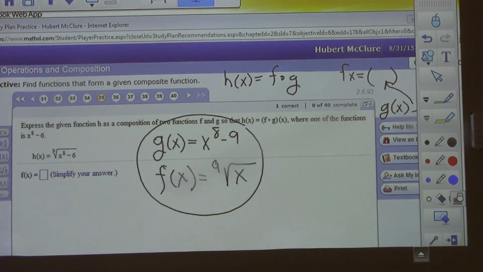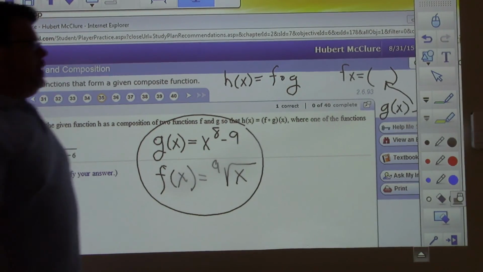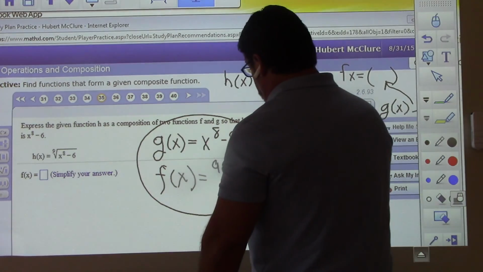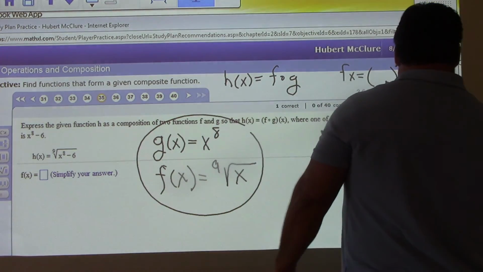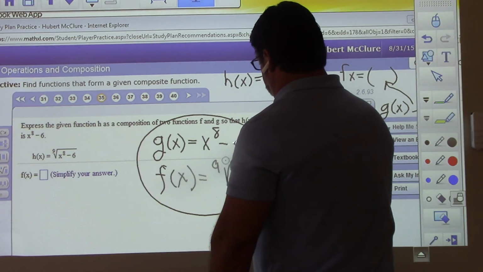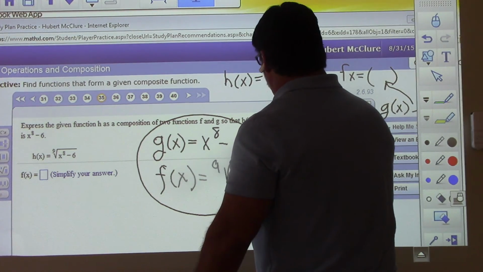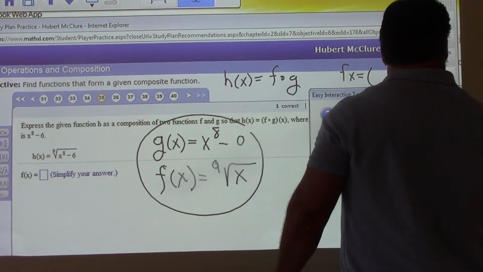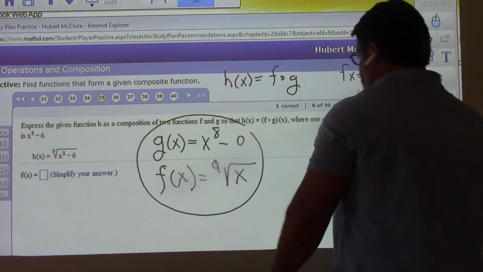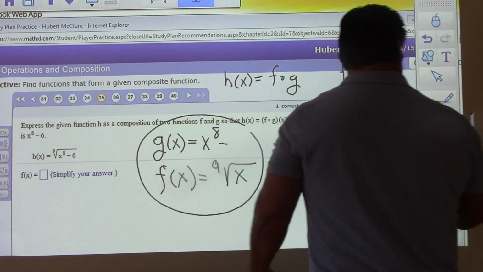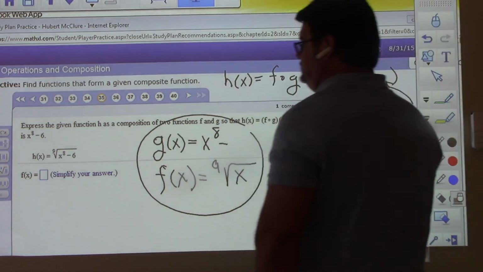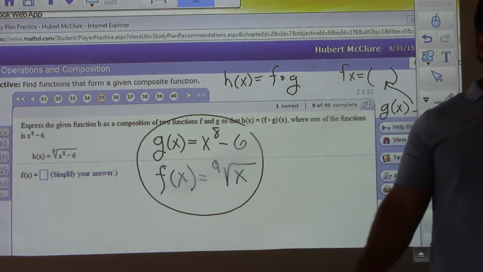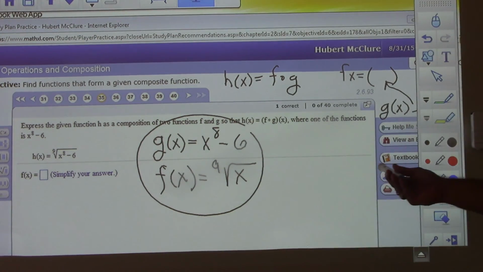Why do people miss this? Why do people miss this problem? No, that's what I heard. Because of the little root thing? No, actually, that's not why they miss it, but that's a good guess. Anybody want to take a stab at it? The way it's worded. Why? You look at this thing, you want to just skip it. Actually, is it very difficult?